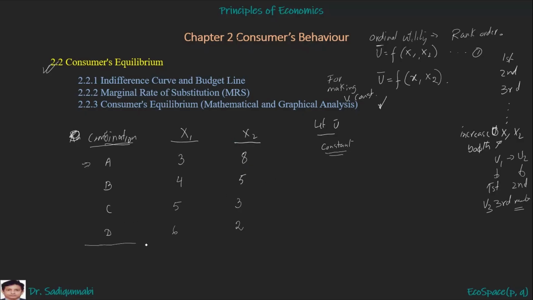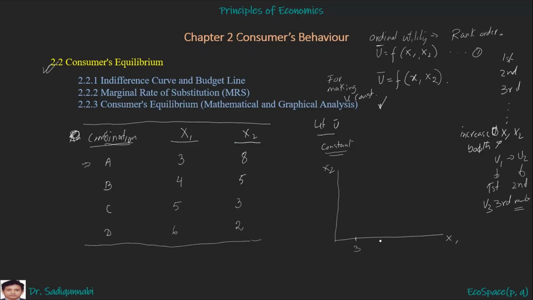So this is the table, and this table can give you a graph, and you can draw a graph from this. So suppose here is your x2 and there x1. And x1 is increased by a unit.